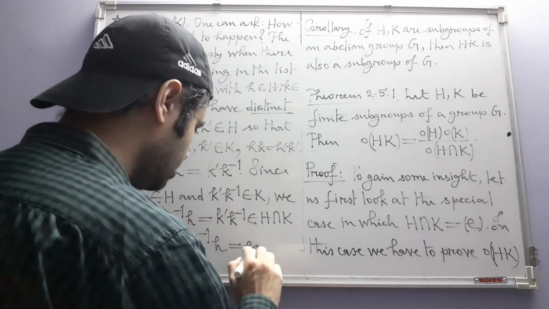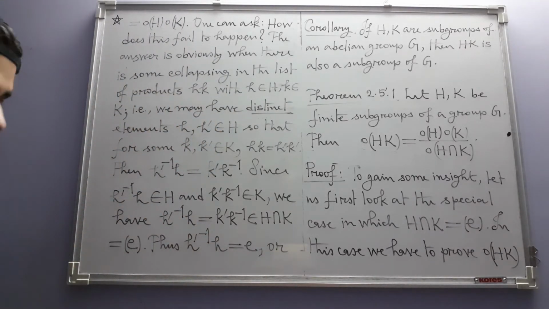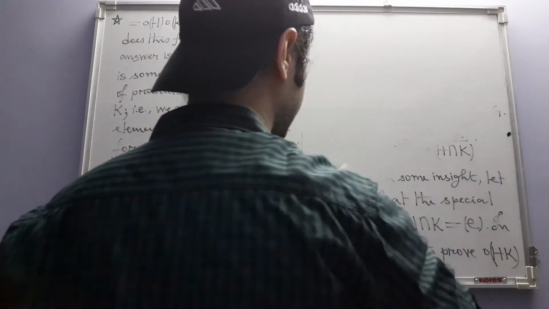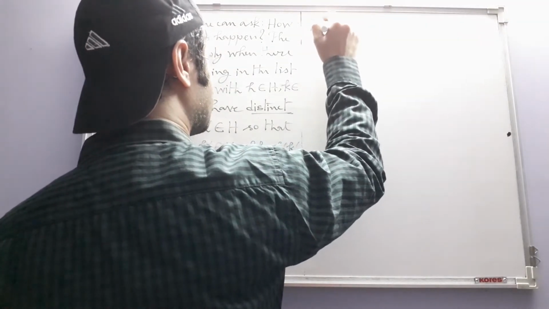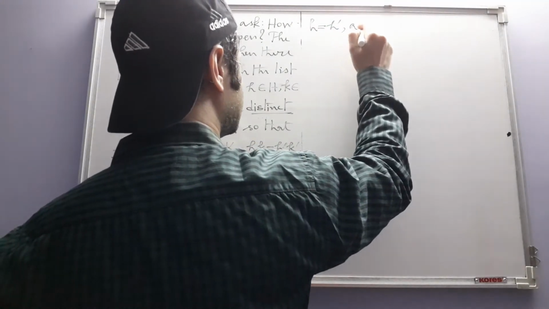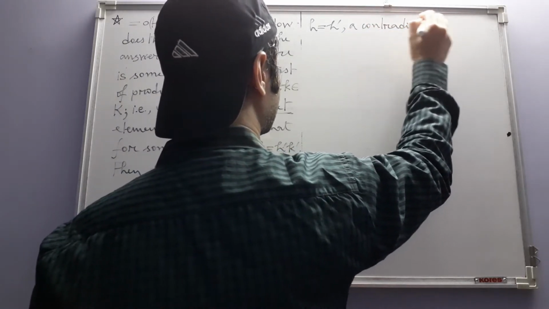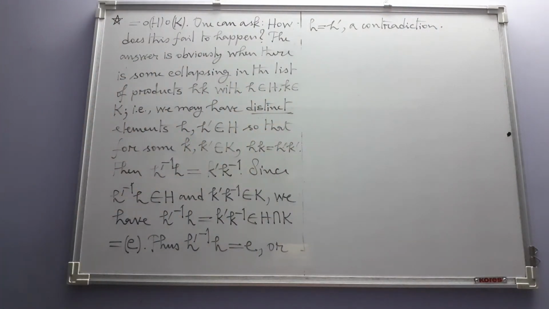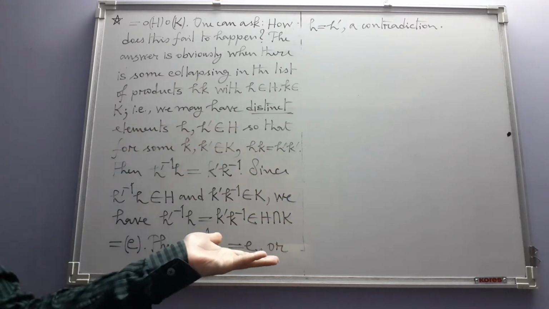Thus this is equal to E, or if you pre-multiply both sides by h prime, then you would get the equation h equal to h prime, which is a contradiction. Contradiction to the distinctness of h and h prime. So that means no such collapse can actually happen.